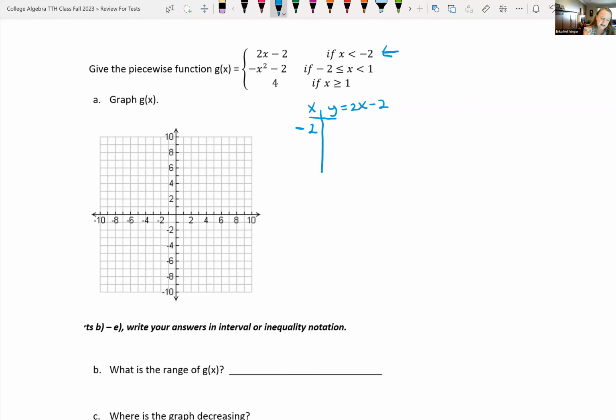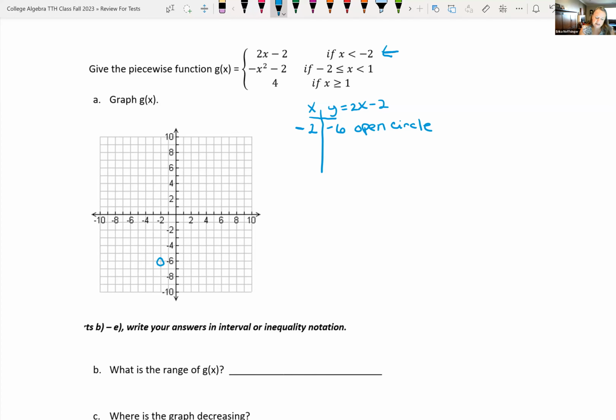So if we plug in -2 wherever we see an x there, we get 2 times -2 is -4, and -4 minus 2 is -6. This is an open circle because it's not included there. It's strictly less than. So at -2, -6, I have an open circle here.